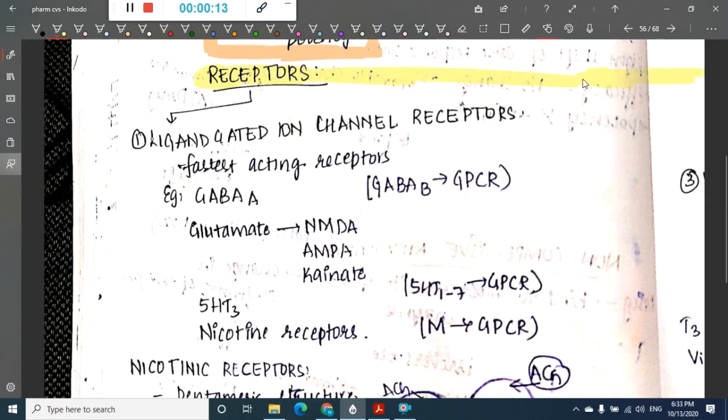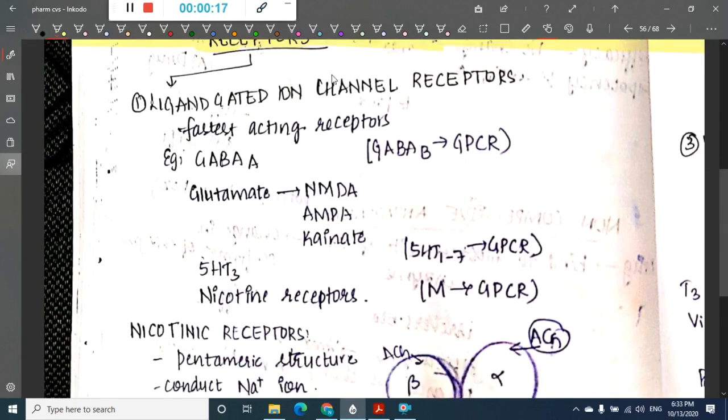In the receptors, the first group of receptors are ligand gated ion channels. These ligand gated ion channels are the fastest acting receptors. They include GABA A, glutamate receptors, which are NMDA receptors, AMPA receptors and kainate receptors.